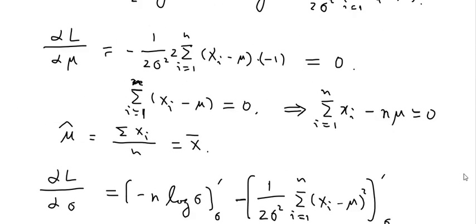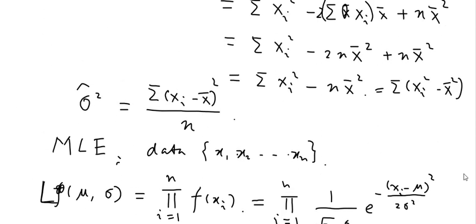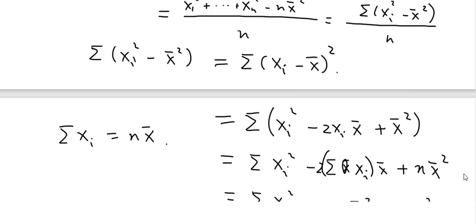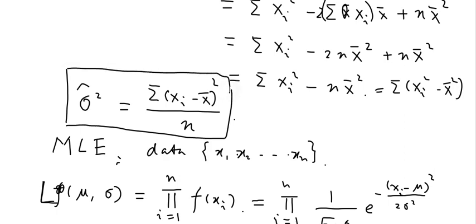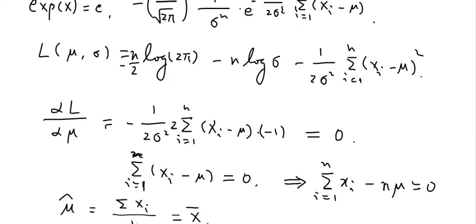So here, we already have sigma squared equal to this. But we remember the formula for the sample variance.